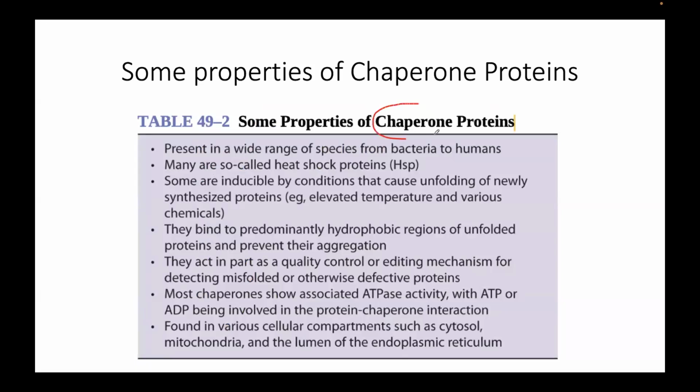Properties of chaperone proteins. So they are found in bacteria, they are found in humans, and we refer to chaperone proteins as HSP or heat shock proteins. So please take note of that. That's what I want you to know there.